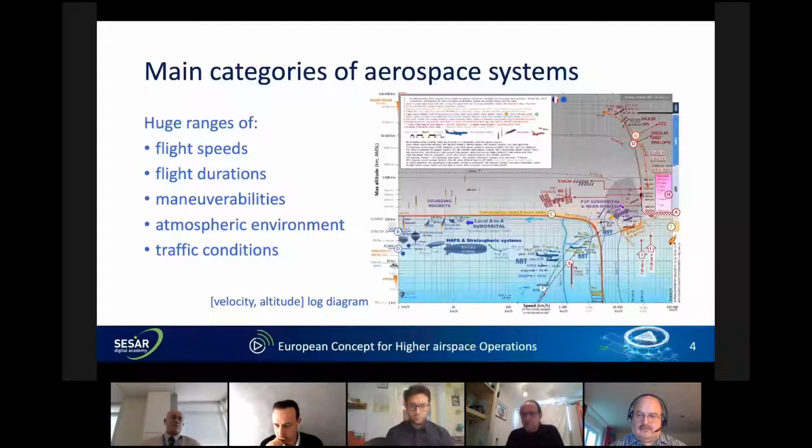The atmospheric environment also is not the same, even if we are talking of higher airspace. The variation of the density of the atmosphere is huge.